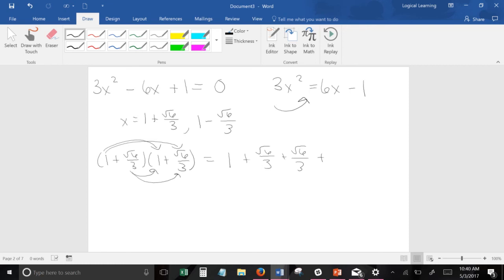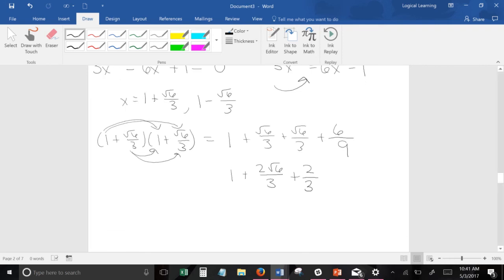Well, root 6 times root 6 is just 6. And 3 times 3 is 9. So that's our x squared, and that's the same as 1 plus 2 root 6 over 3 plus 2 thirds.